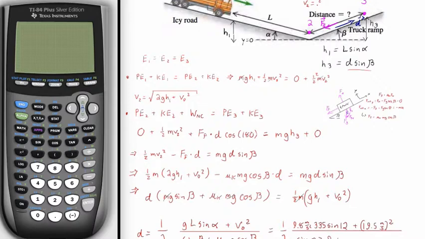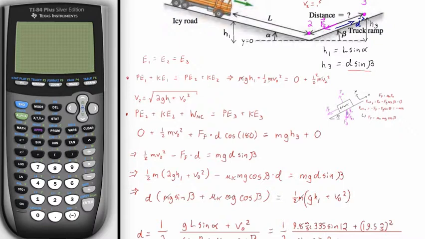And then our friction coefficient, which was 0.642, times 9.8 meters per second squared.